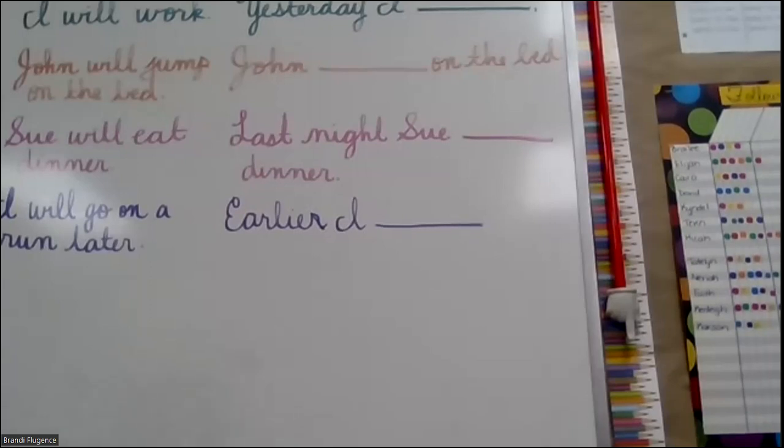Okay, bottle. How do we spell bottle? Okay, B-O-T. Ooh, missing a letter.